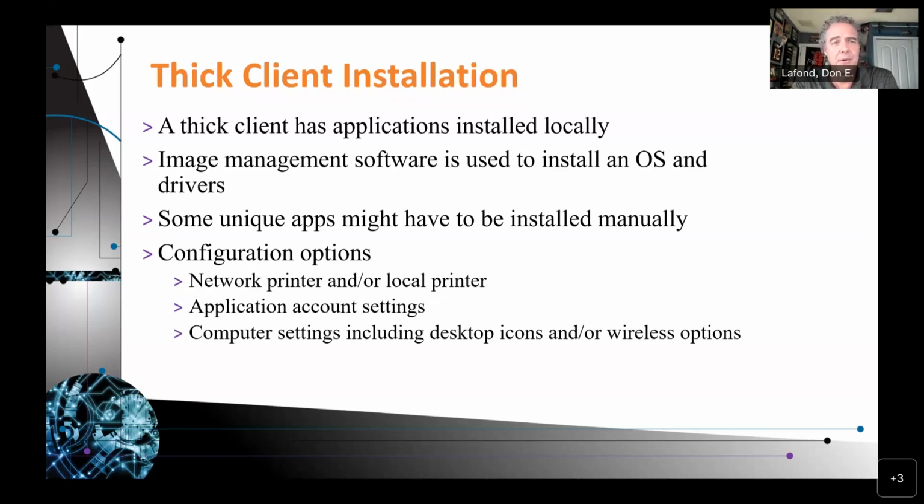Configuring options include network printers, local printers, application account settings, and computer settings, including desktop icons, wireless options, and even things like freezing the desktop so you can't put your own picture in the background, just to keep your network a little bit more secure and appropriate for all audiences.